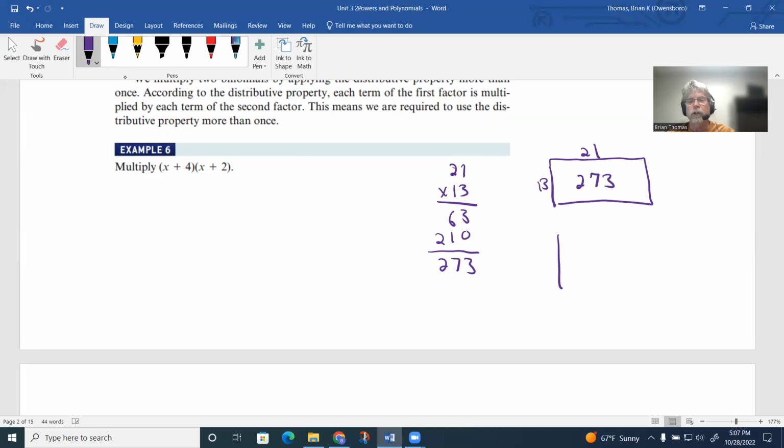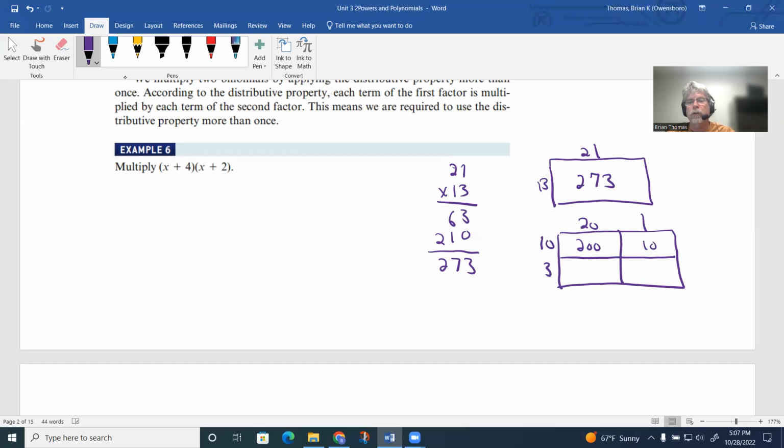Now, an interesting thing we can do, as an organizer, is partition this 13 into a 10 and a 3 using place value, because the 1 means 1 ten, or 10, and 3 ones. So I can partition it this way. And a 21 kind of means 20 and a 1. So instead of thinking of it as 21, I can think of it as a 20 and a 1. And then we can use the distributive property concept here, finding the area of each individual box. 10 times 10 is going to be 200. 10 times 1 is 10.